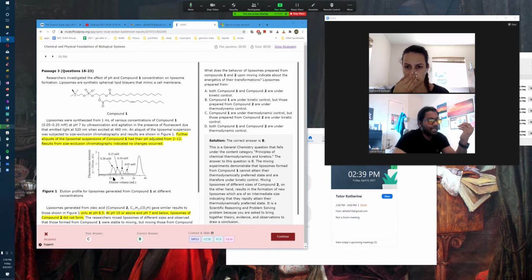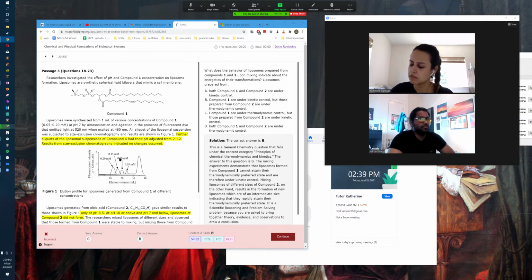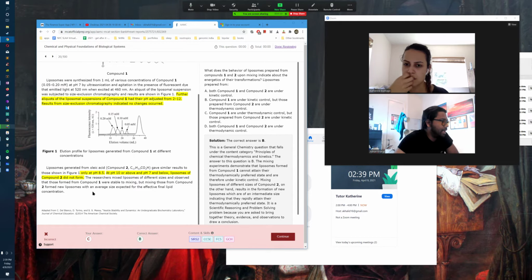Generally speaking, kinetic control is a measure of how fast something is made, and thermodynamic control is a measure of how stable the product is that's made.